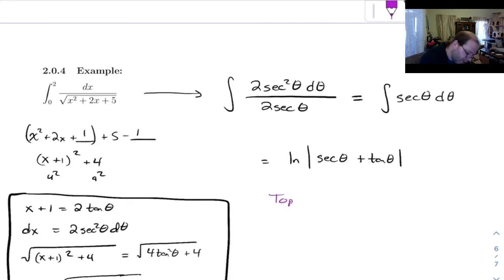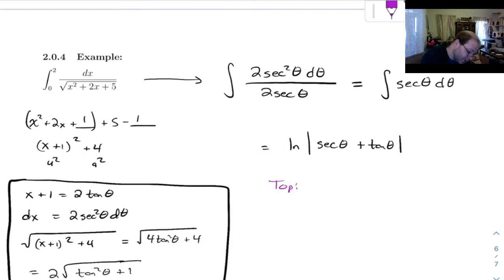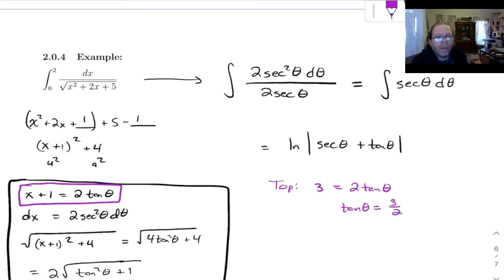For my upper endpoint, I'm going to take the 2 in, and I'm going to substitute into here. If I put the 2 in there, I'm going to get 3 equals 2 tan theta. That's going to give me tan theta equals 3 halves.